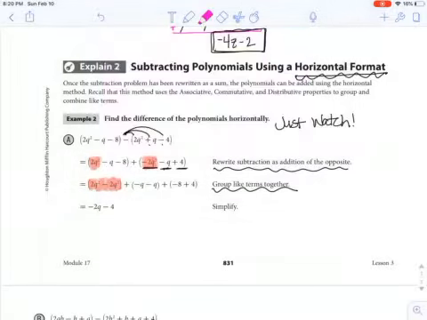Then we're going to continue to group like terms, and I'm going to have a negative q and a negative q, which is where we get this group right here. And I'm going to go one step further because I have one more like term, I have a negative 8 plus 4. And so that's where I get my final grouping.